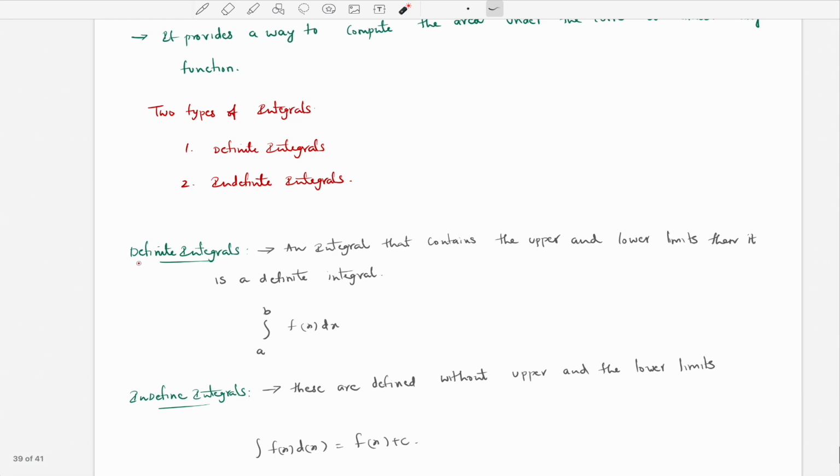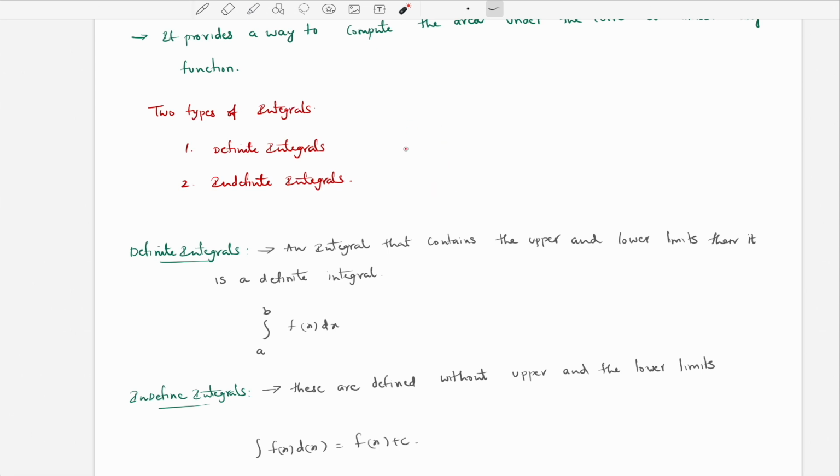We have two kinds of integrals: definite integrals and indefinite integrals. A definite integral contains upper and lower limits, like 0 to n. It has some kind of value, so this is called a definite integral.